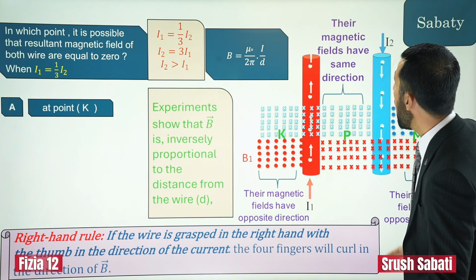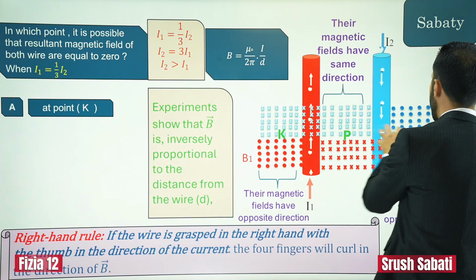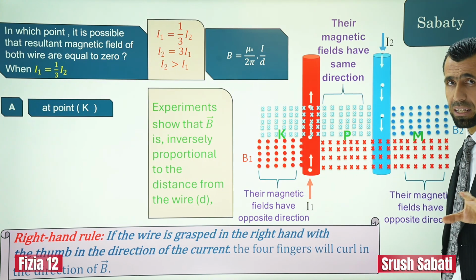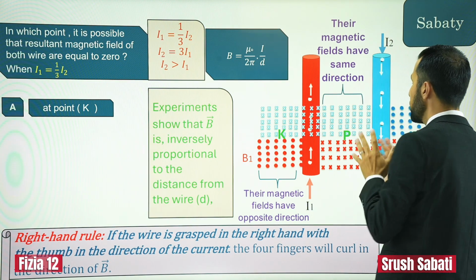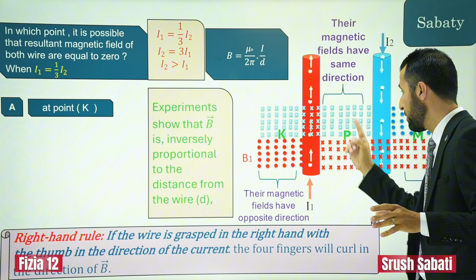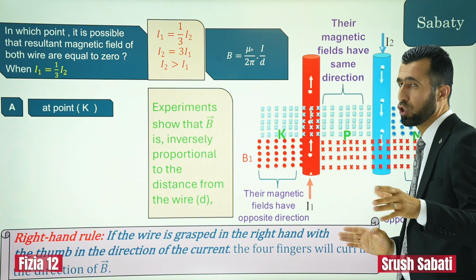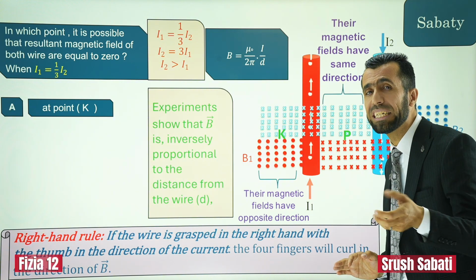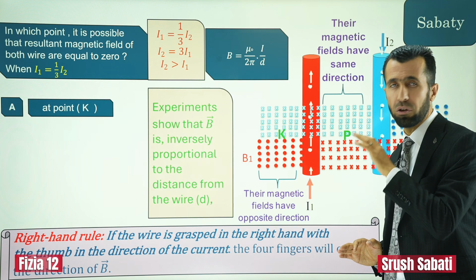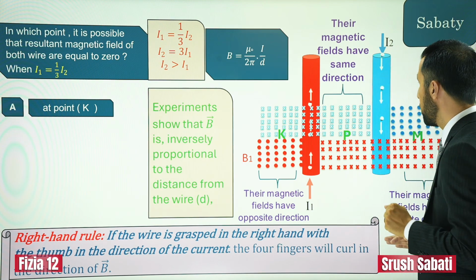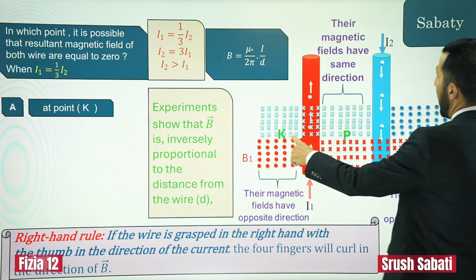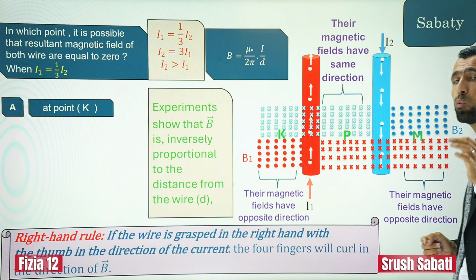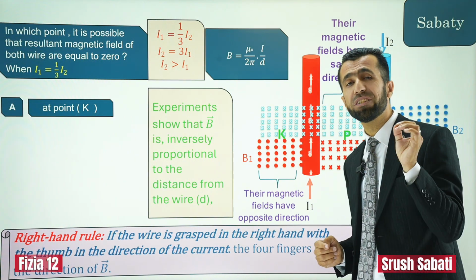Okay, how do you know at which point the resultant magnetic field is equal to 0? Of course, at point P it is not equal to 0 because they have the same direction, into the page, so you add both magnitudes. So you may say point M or point K, but which is the best answer?